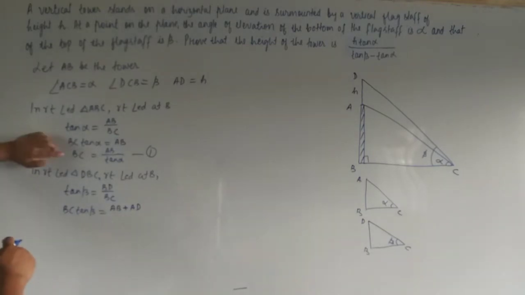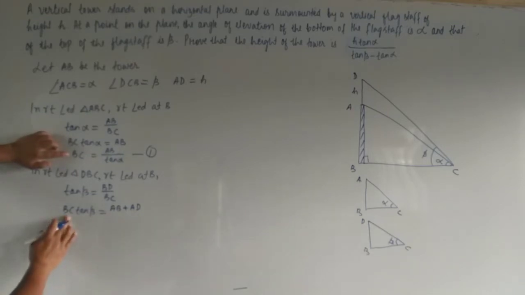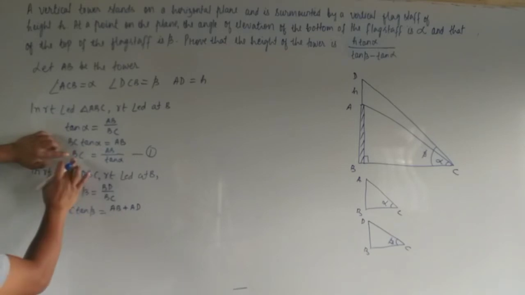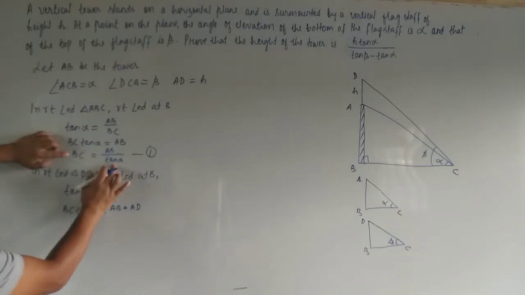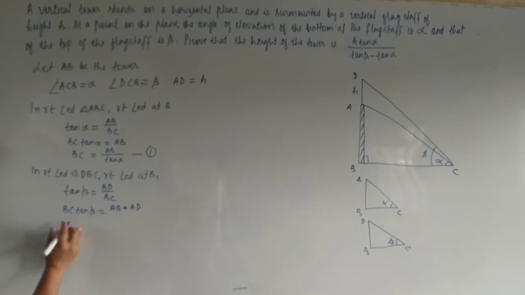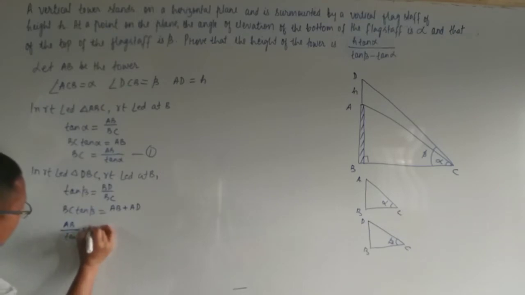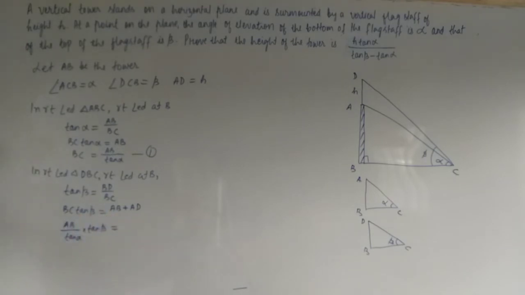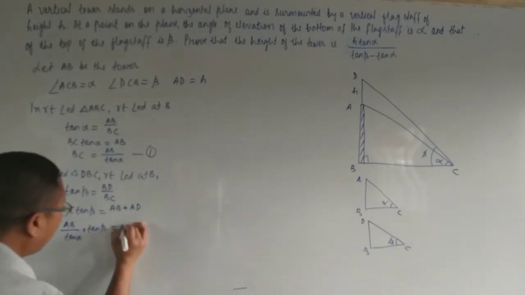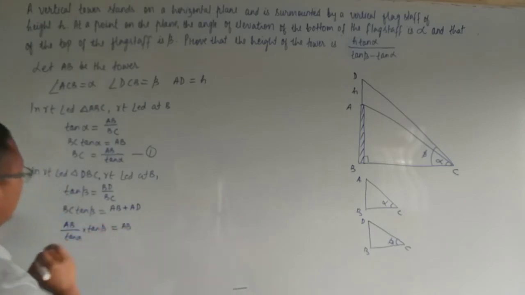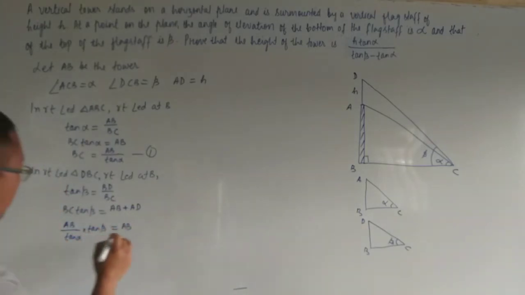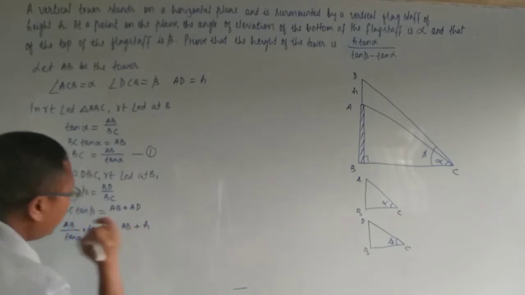Now using equation 1, we have to write the value of BC. So the value of BC is given to be AB by tan alpha in equation 1. So instead of BC, I'm going to write AB by tan alpha into tan beta equal to, now AB is the height of the tower, AB, plus AD is given to be h.